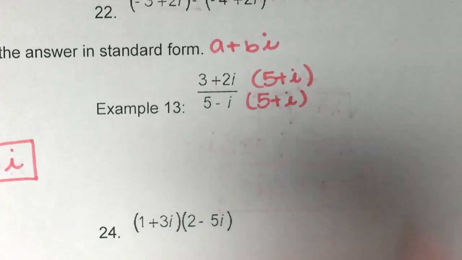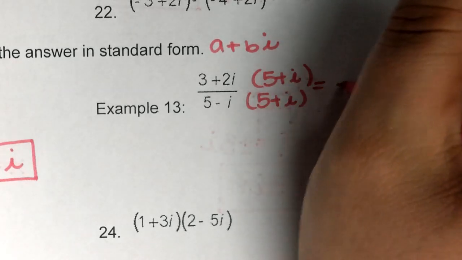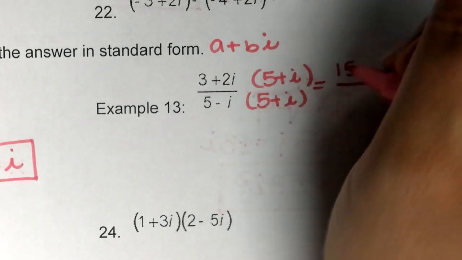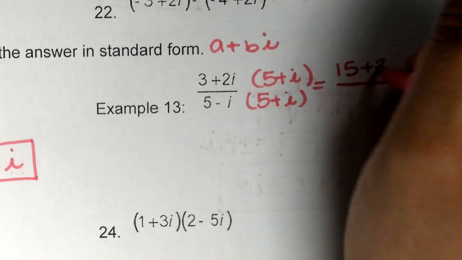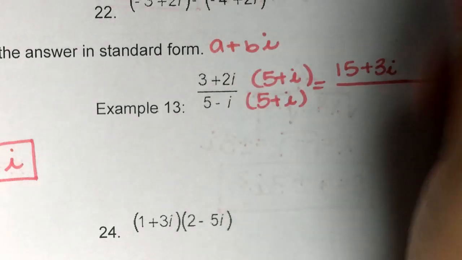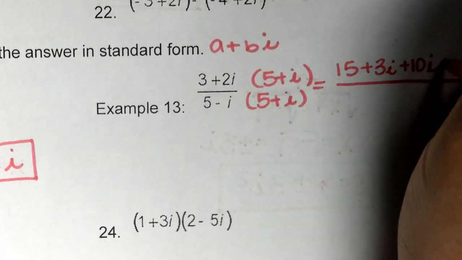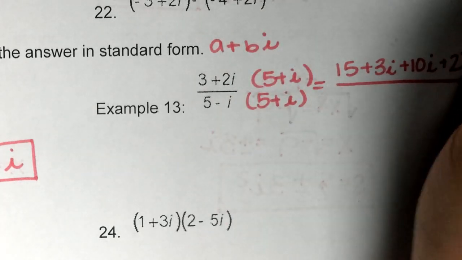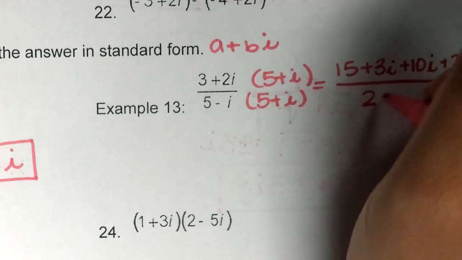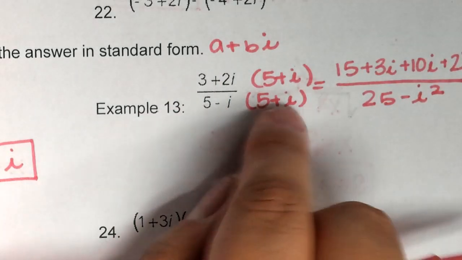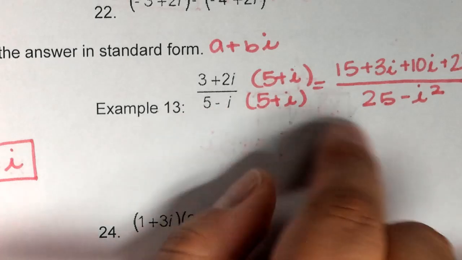Write this down, please. I'm just foiling. Remember, the reason we do that is because on the bottom it's a difference of 2 squares.